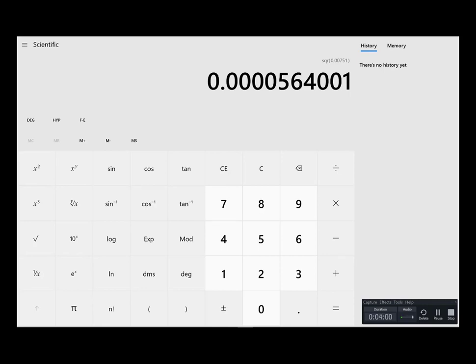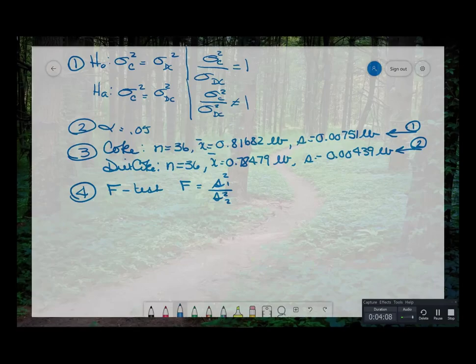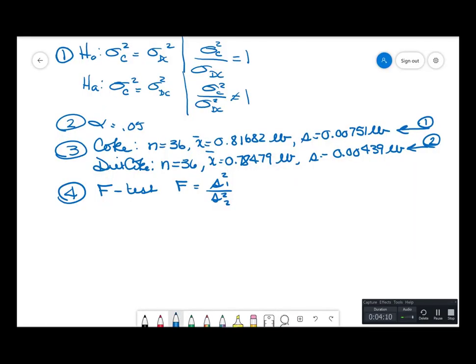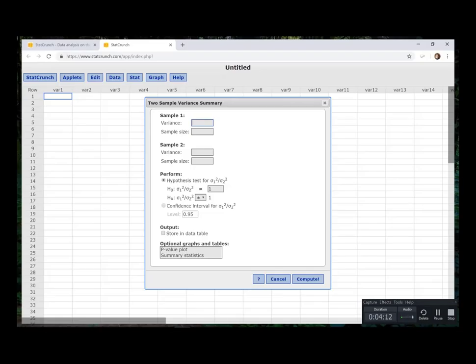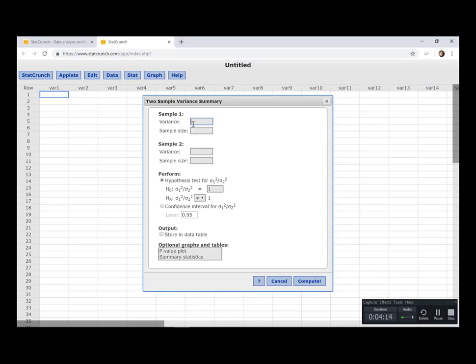So now let's see if I can cut and paste that. Copy, and let's go back to StatCrunch. And let's see if we can paste that. Yay, it works. Our sample size is 36.